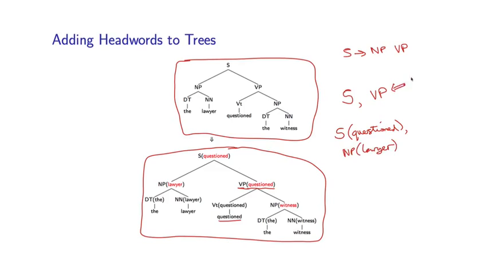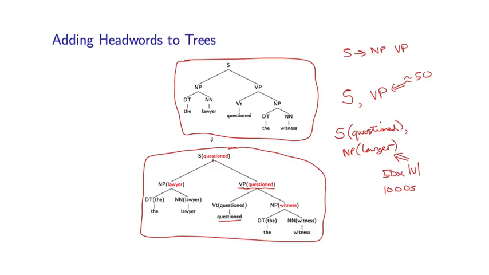So there might be around 50 non-terminals in my original grammar. In this new grammar, I have 50 non-terminals times the vocabulary size. So it could easily be in the thousands of non-terminals. But in a formal sense, nothing has changed. We've just vastly increased the number of non-terminals in the grammar.